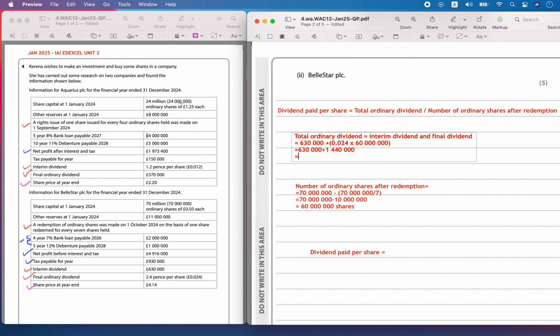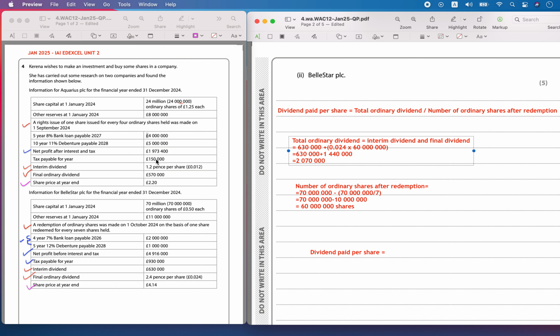So the total is equal to 2,070,000 pounds. This is the amount of dividend that was given to the ordinary shareholders.